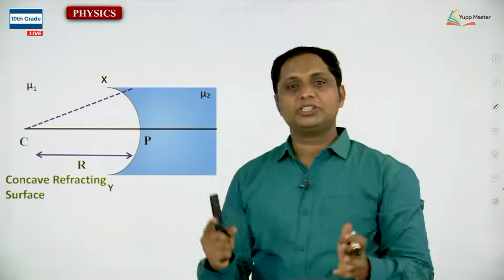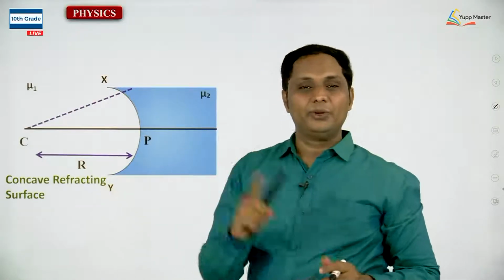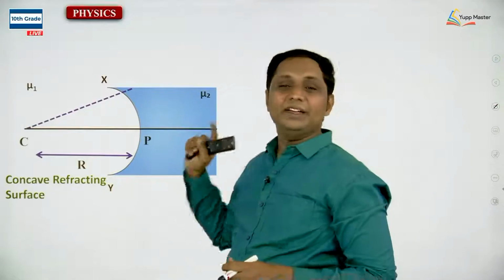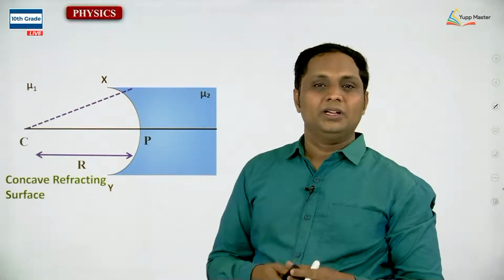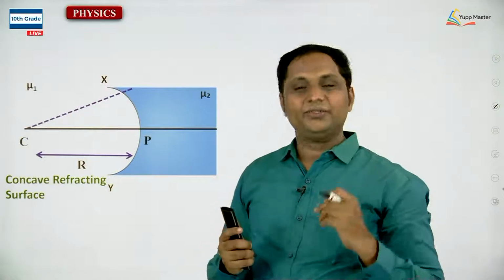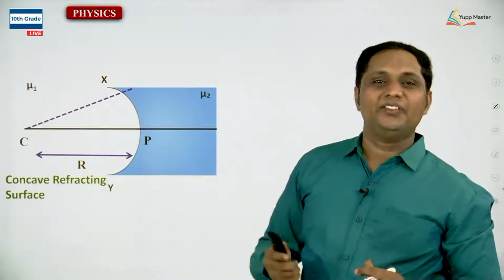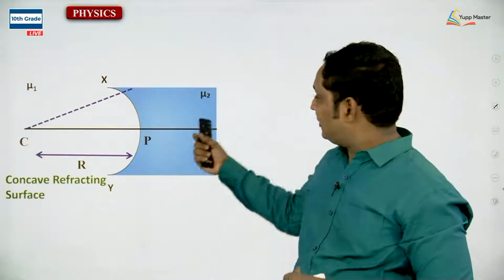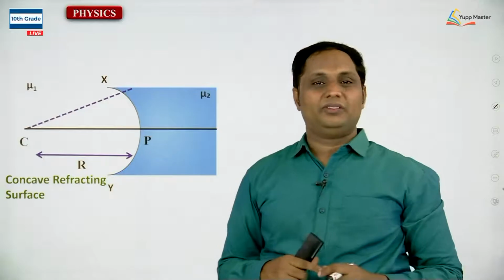In order to have the geometrical relations, we have to consider C as the center of the sphere, R as the radius. So we would like to continue the geometric relations, and we would like to calculate the object distance and image distance in case of curved refracting surfaces.